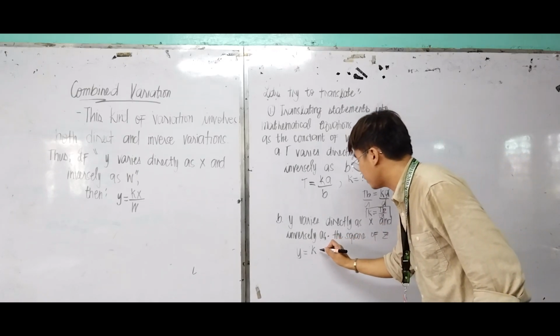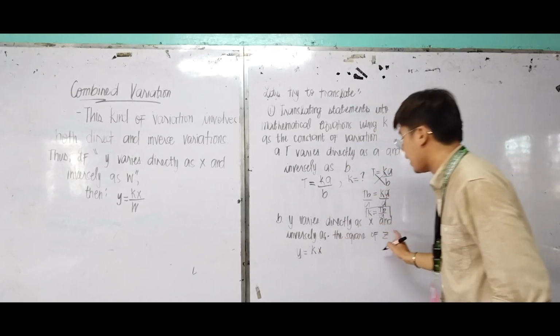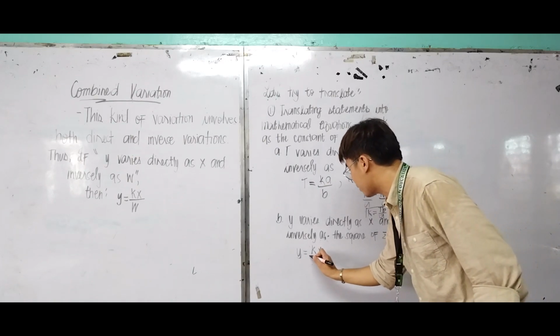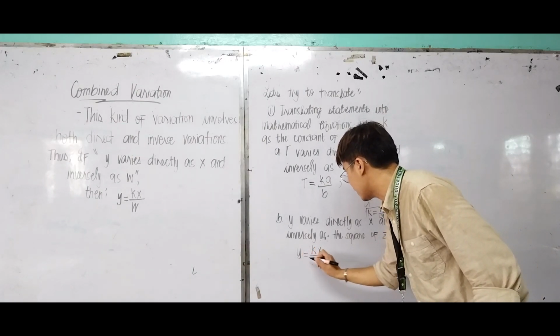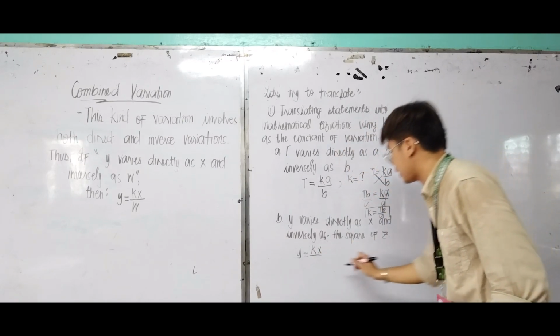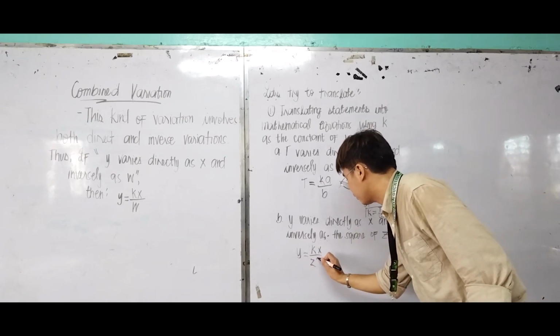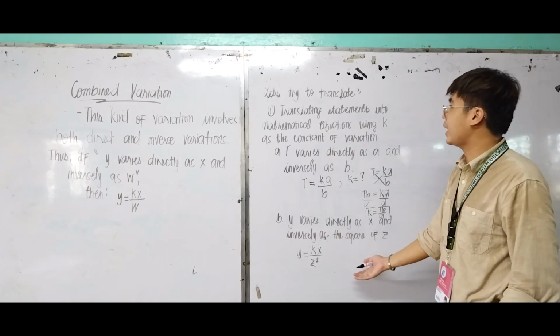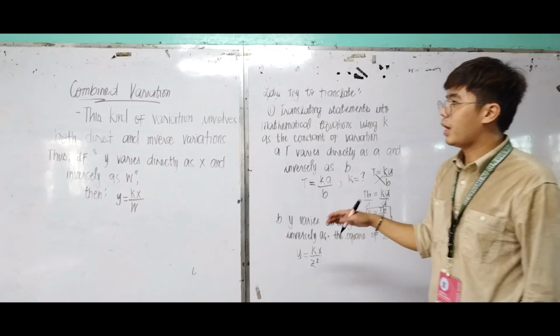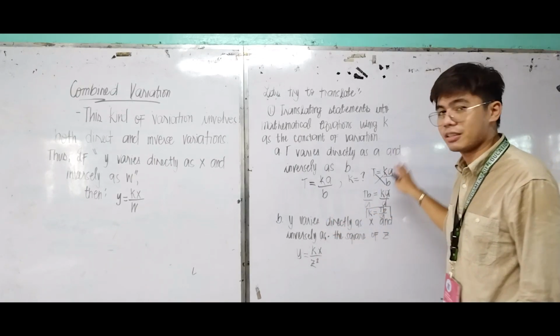So that means you multiply k by x. And inversely, that means you're going to write that as the denominator, which is the square of z. So we have the square of z. Okay. That's how you translate the variation given in this statement.